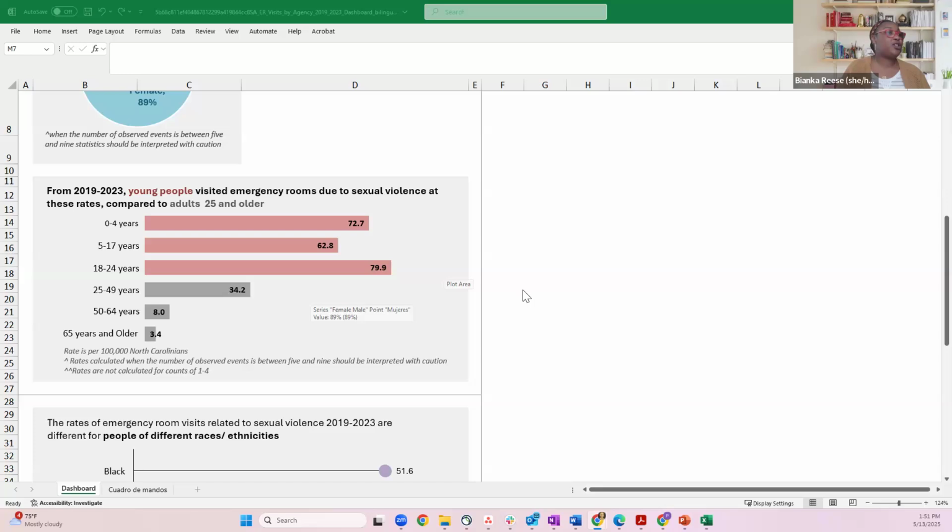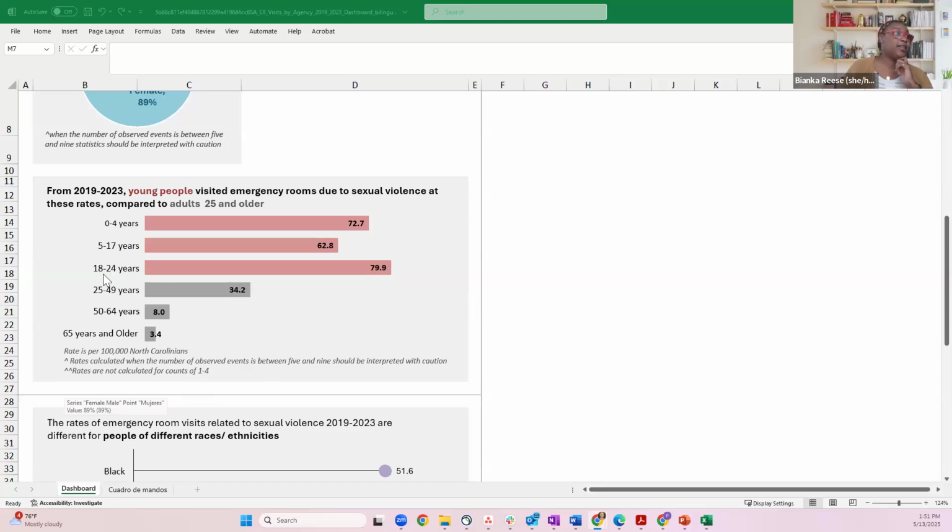This graph is useful because it shows rates, a rate per 100,000 North Carolinians. You want to use rates so that you can compare numbers that account for differences of population size. So regardless of your population size, this rate can tell you where the burden lies, or who is accounting for emergency room visits the most, on a comparative scale.